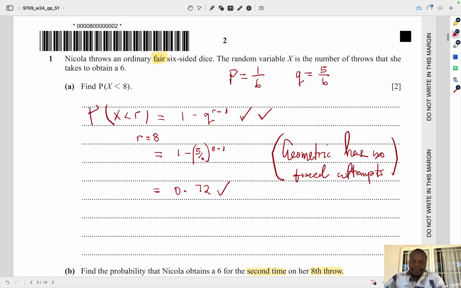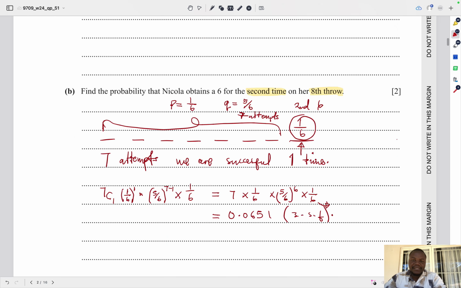And then for the second part here, with the condition of saying there's a second 6 that turns out on the 8th throw, which is 1 over 6 on that throw, it means from the 1st to the 7th, we've got a fixed number of attempts there, and we must only be successful one time, so that the 8th throw can be the second success.